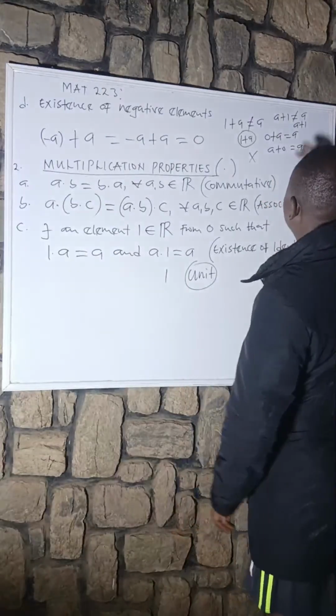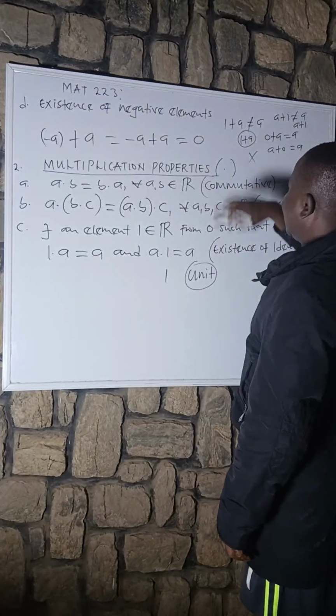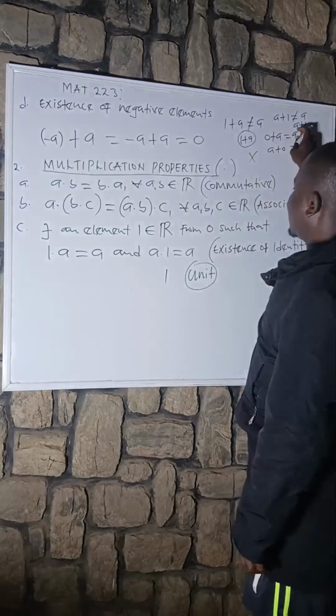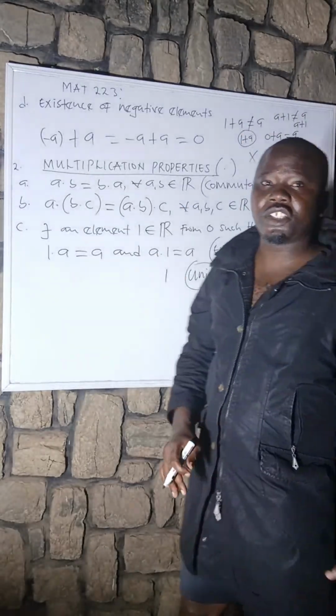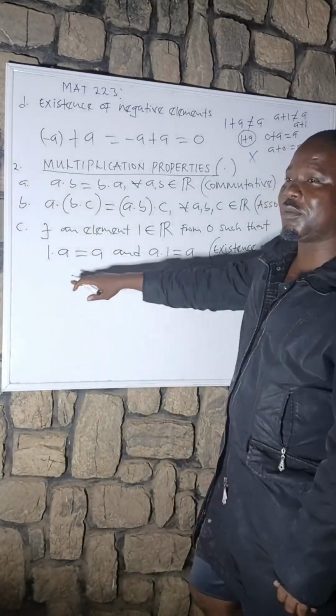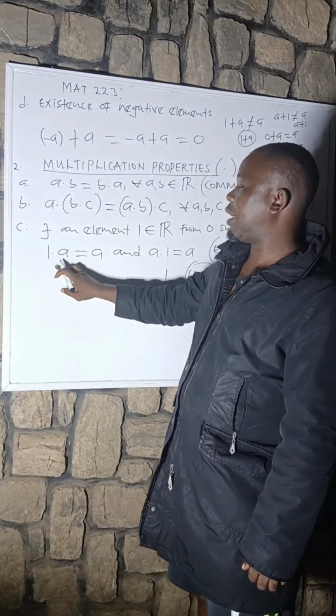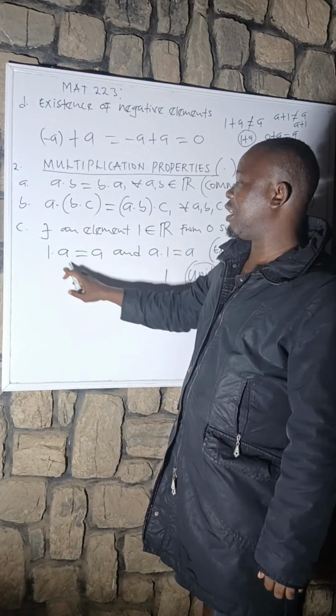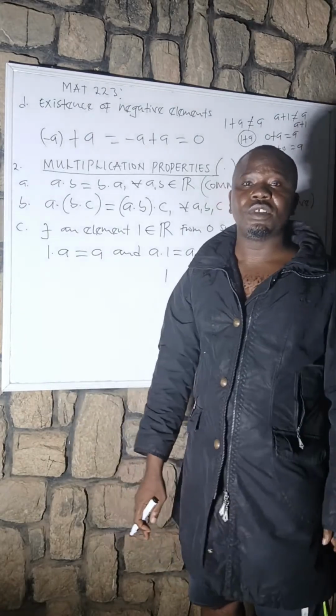So it does not satisfy the axiom. So this cannot follow in the addition property. But here we are talking about multiplication, true or false. So the identity property will definitely follow. Is that clear?